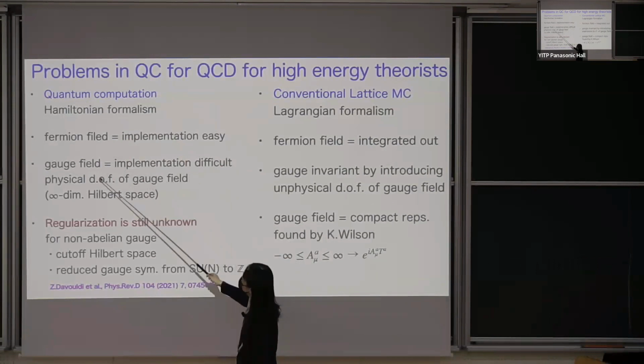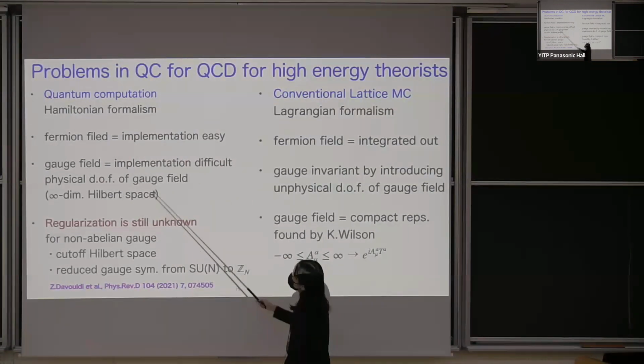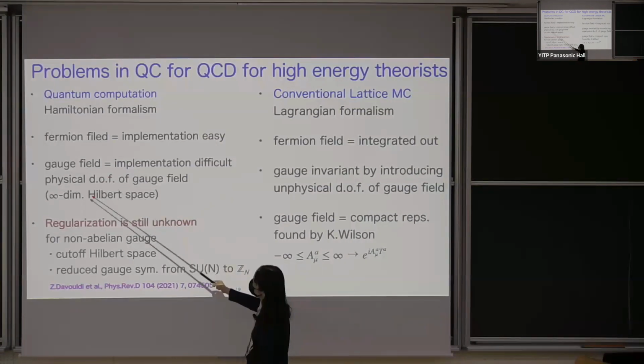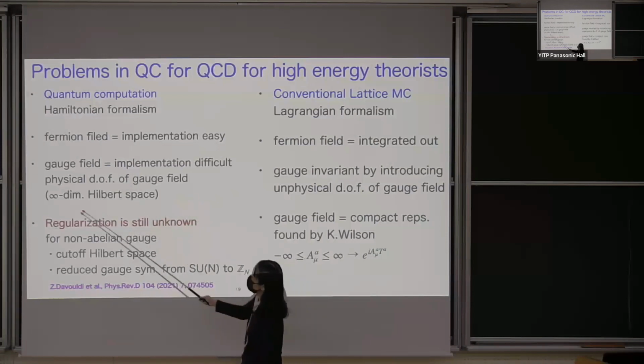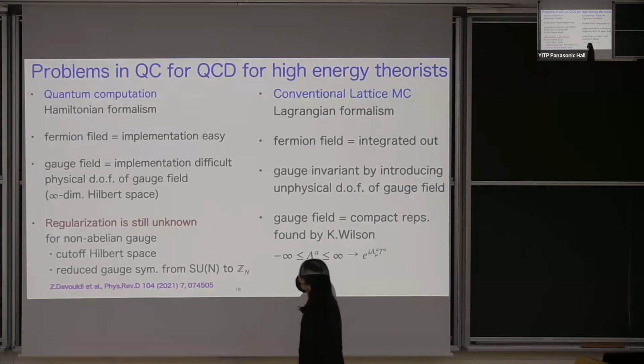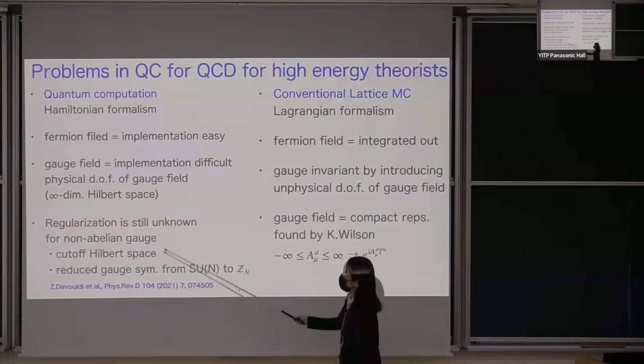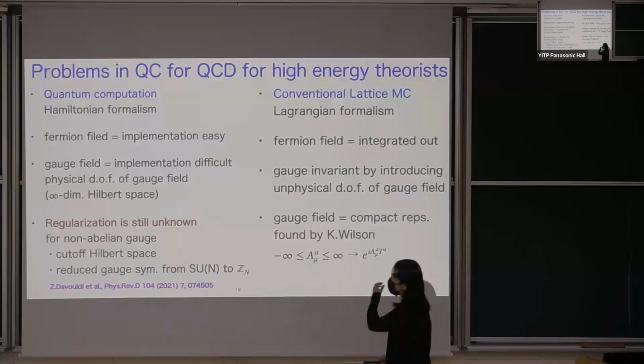However, the implementation of the gauge field is difficult because even if we consider only the physical degrees of freedom of the gauge field, it has essentially an infinite dimensional Hilbert space. So we need some good regularization method, but it is still unknown for non-abelian gauge theory or in higher dimensional gauge theory.